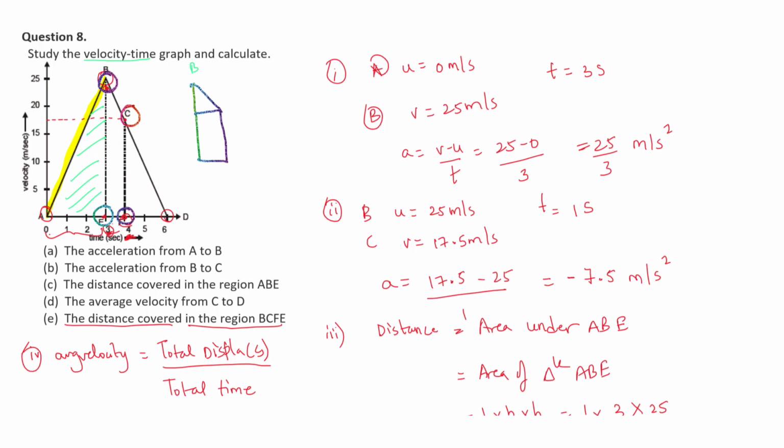As this is in the form of a triangle, consider the triangle to be figure 1, then find the area of 1, area of 2, add them, and you will get your answer. Now that you understand how to solve and study the velocity time graph, I hope you understood this question easily. Now let's do our next question.